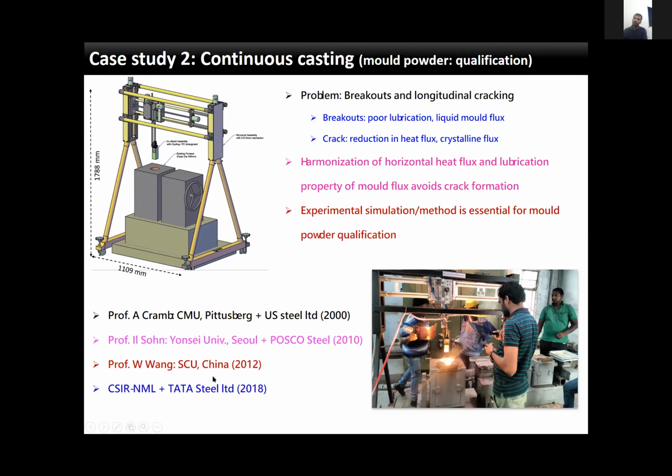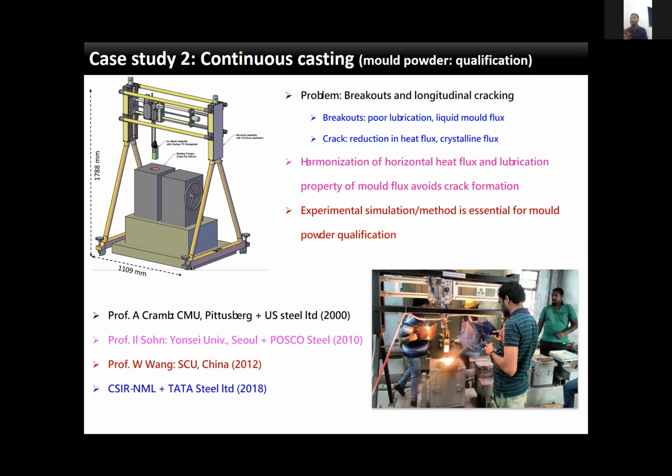One thing I would like to draw your attention to: you might have come across news that POSCO Steel took a trial on lightweight steel, TRIP steel, around 2012. If you want to make any new steel, particularly lightweight steel or high alloy steels, they all have poor castability. So to study the castability and optimize the casting process, this sort of equipment is essential.